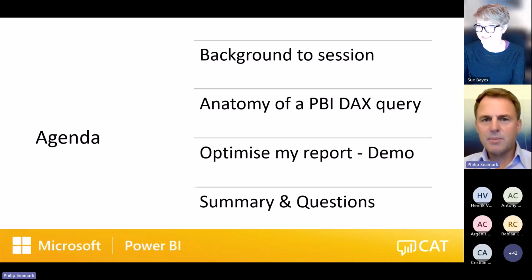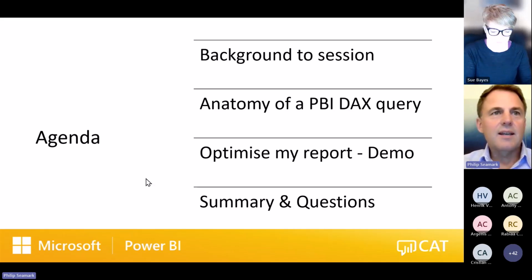If you're going to debug and optimize, it's quite good to know what's important and what's not important to help you focus and speed up your exercise of debugging. I've got a little exercise where I deliberately start with a bad report, and we'll go through the steps that I normally do, and hopefully that gives you some ideas and tips, and then we can set aside some time for questions at the end.